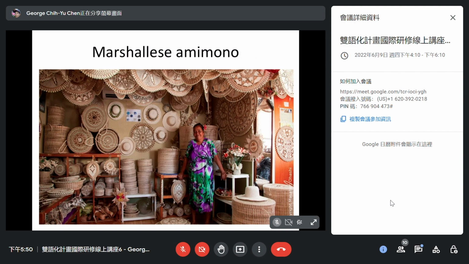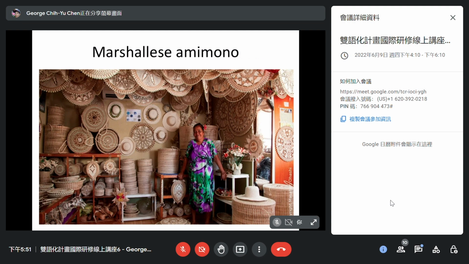Marshall Islands are south of Hawaii, north of Fiji. 在夏威夷的下面，斐济群岛的上面。So it's quite remote, 还蛮遥远的。So when you go there, it could be quite expensive in terms of flight tickets. Here, this is one of the stores that's showing the Marshallese handicraft.